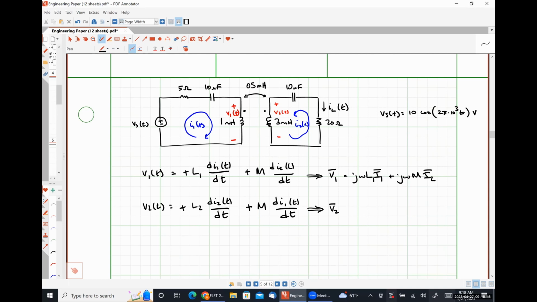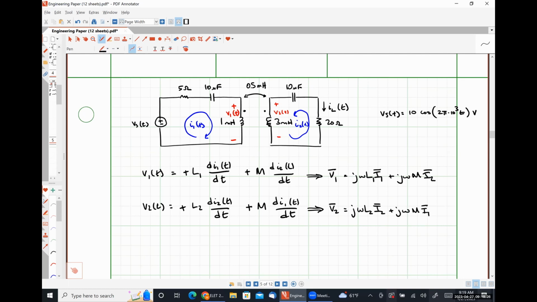Similarly, this voltage drop is going to be j omega L2 I2 plus j omega m times I1. Anytime we do a derivative in the time domain and we have a steady state sinusoidal circuit, it's the same as just multiplying by j omega.